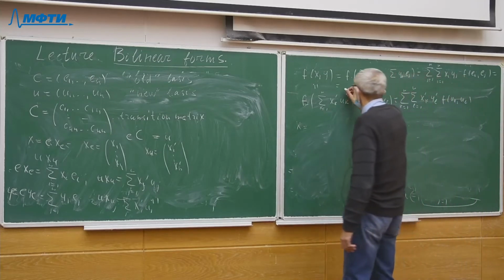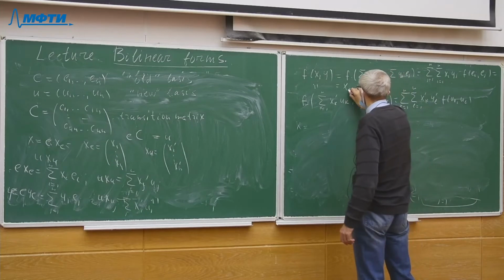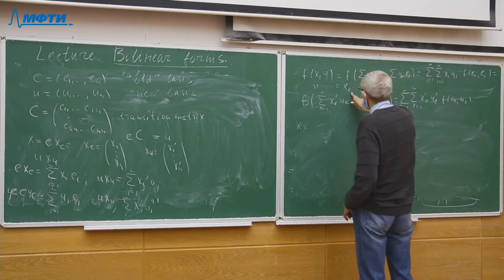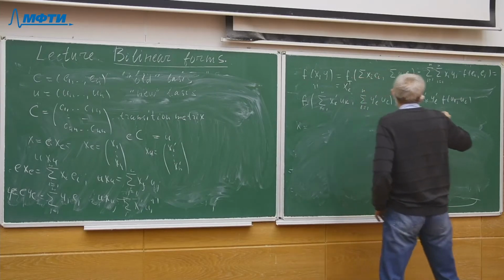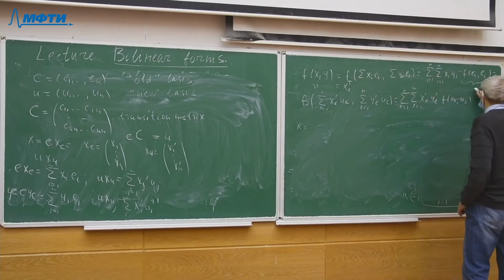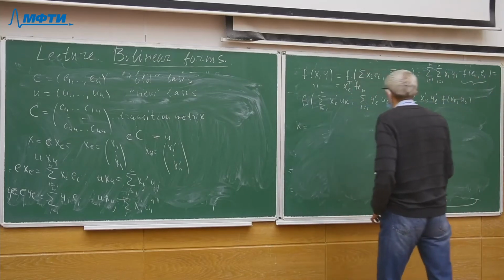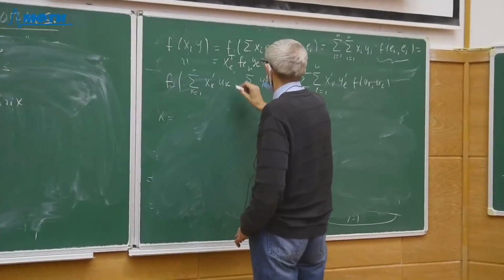In this expression, we obtain the vector x_e transpose, this matrix F_e of our bilinear form, and y_e.